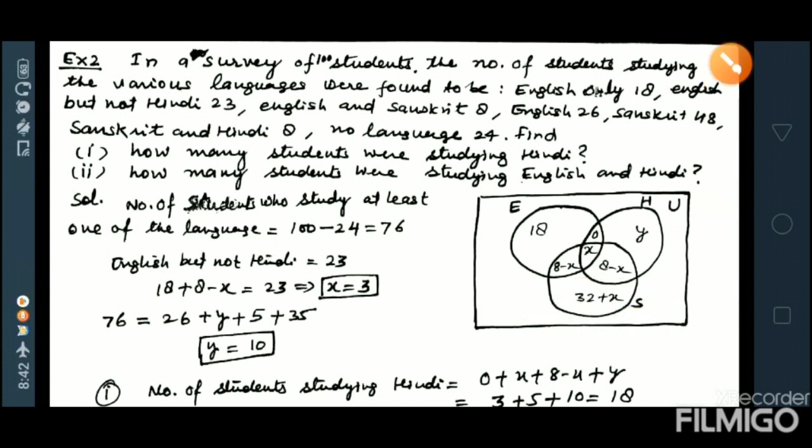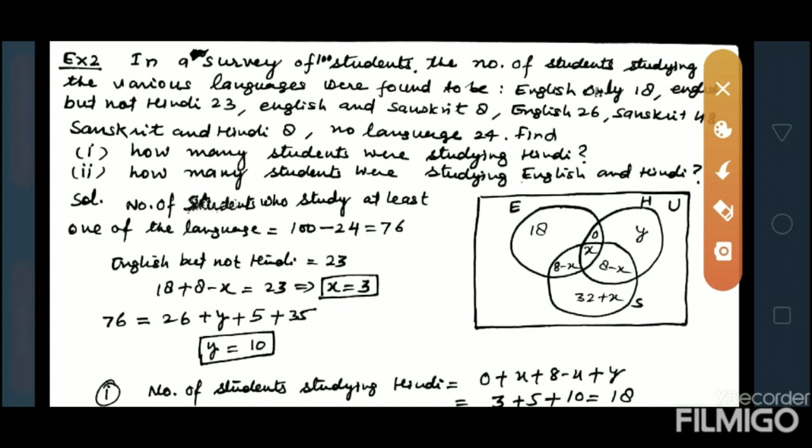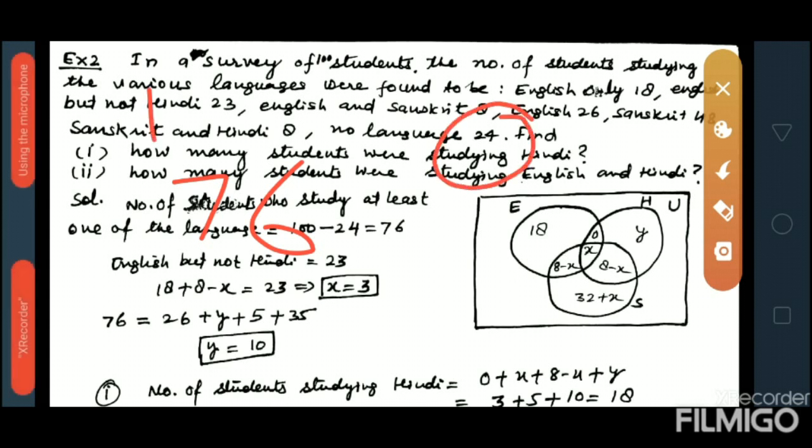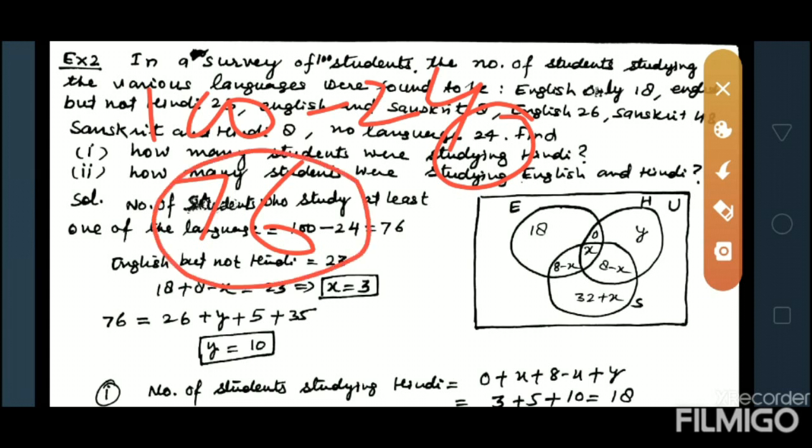Now the total number of students who study at least one of the subjects is equal to 76, because 24 did not study any subject and the total number of students is 100. So we subtract 24 from 100, we get 76.